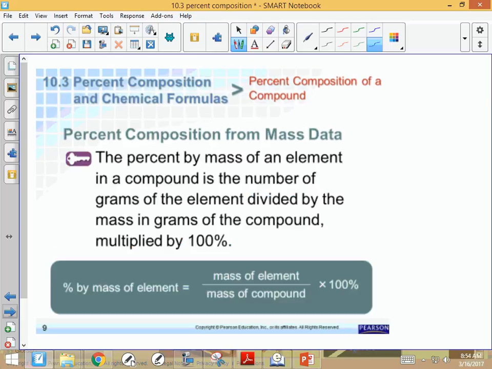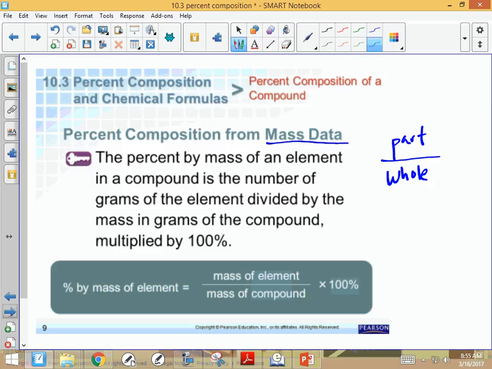Here is the operative equation that you'll need to learn to determine percent composition of a compound. If you have mass data, meaning if you have 15 grams of a compound and 3 grams of it is element X, you can determine the percentage. It's just part over the whole.